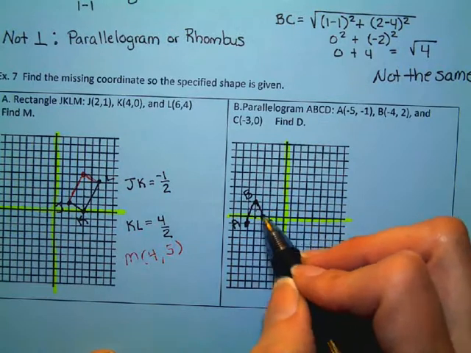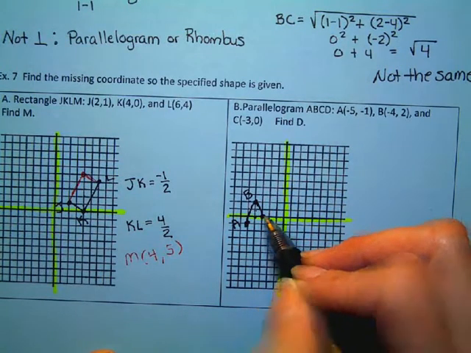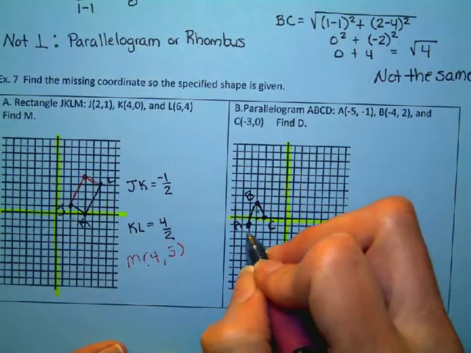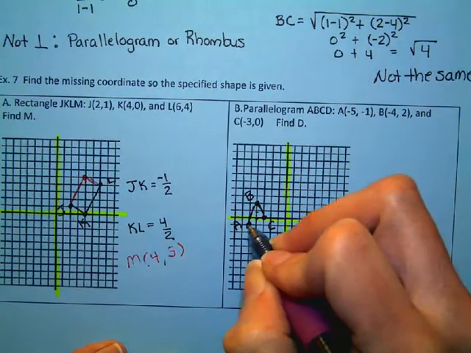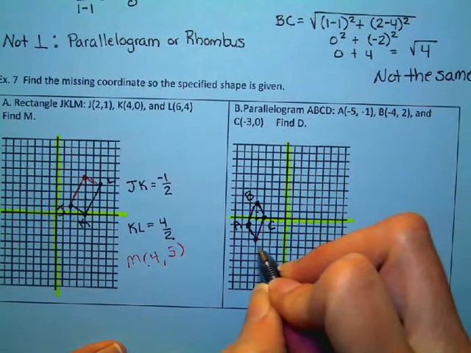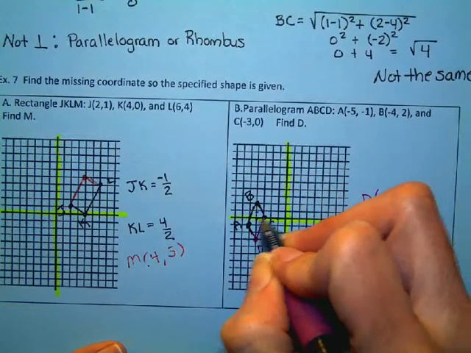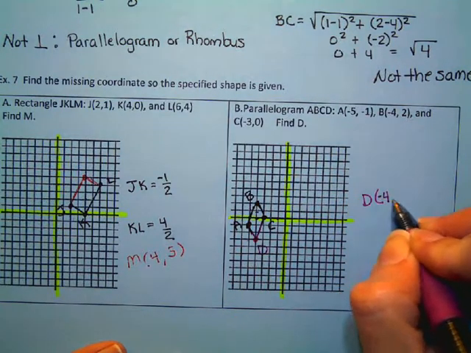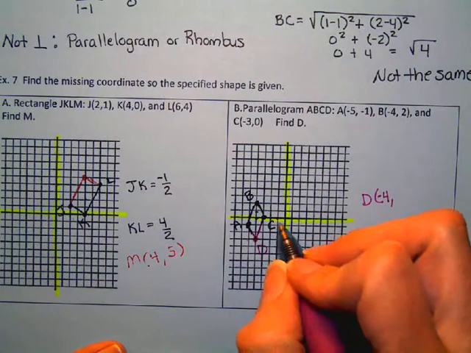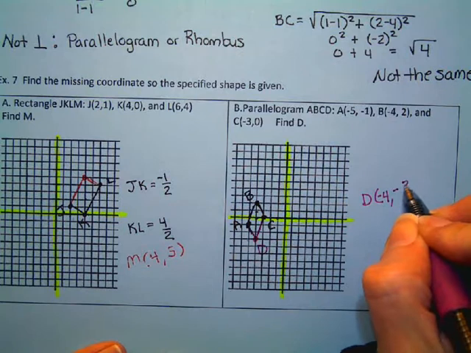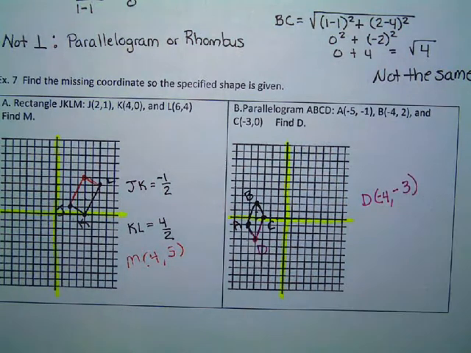So if I went down from A, 1, 2 over 1, that would be my missing point D. So D has the ordered pair of -4, -3. Hopefully.